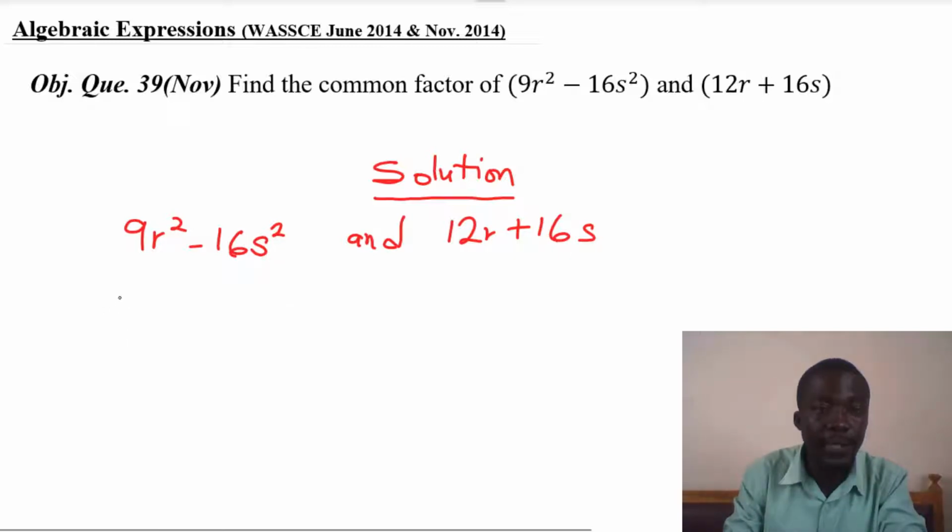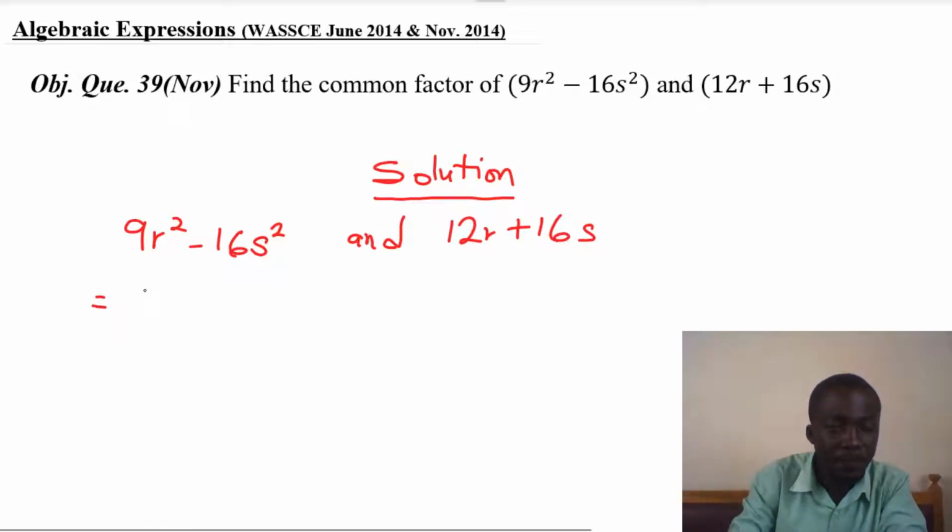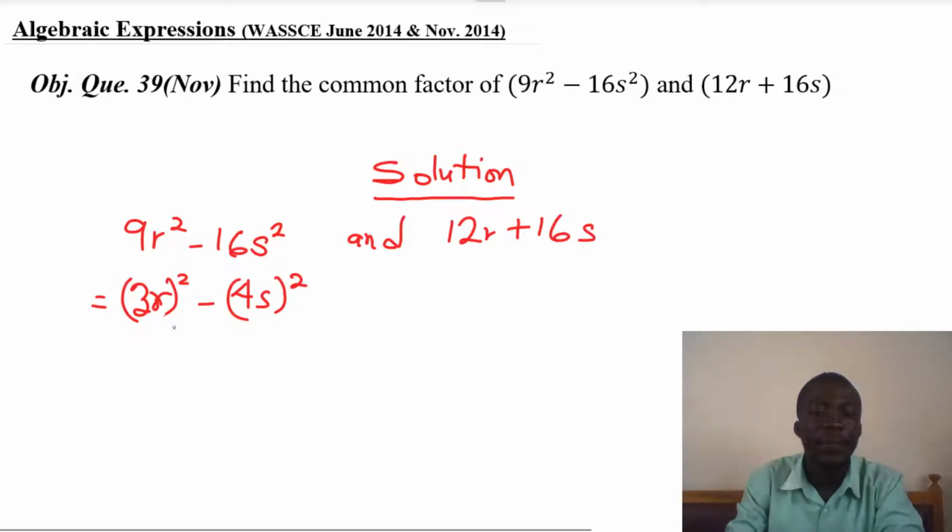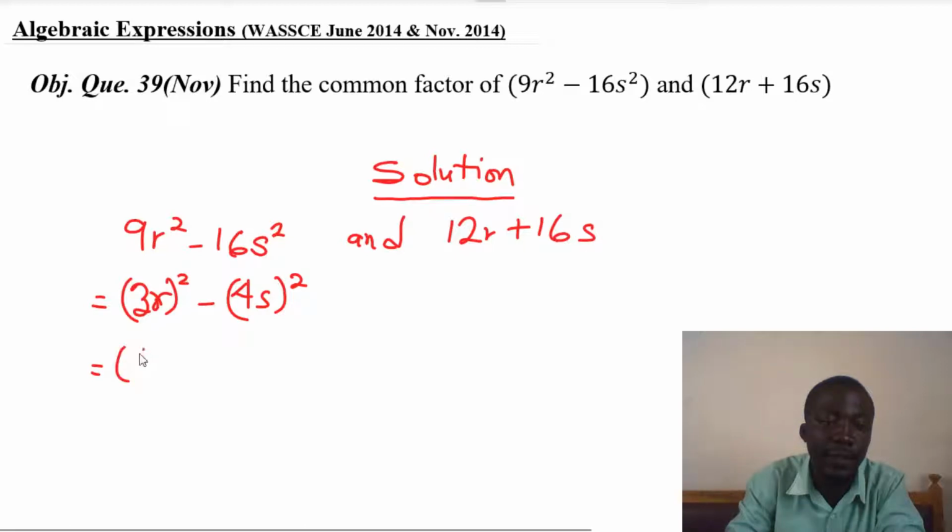Looking at the first expression, we can rewrite that one as 3r squared minus 4s all squared. Then this is a perfect difference of two squares. So we can factor that one by writing 3r minus 4s multiplied by 3r plus 4s.